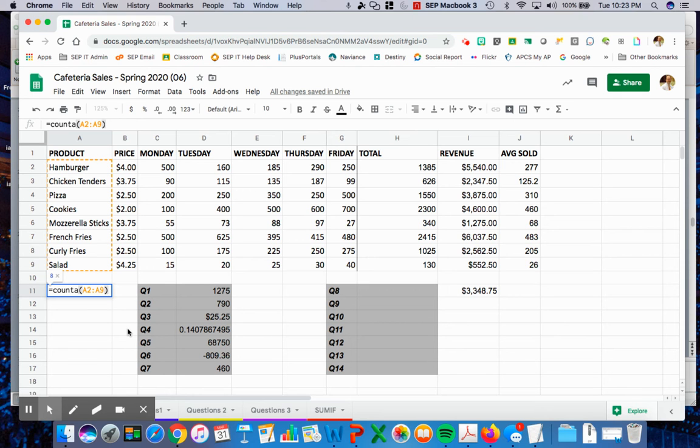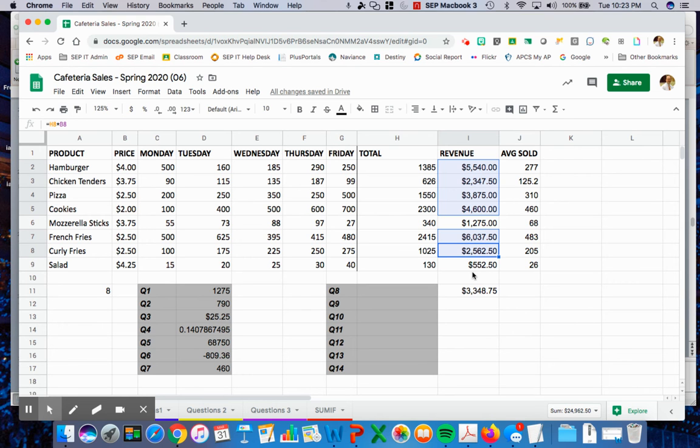This is counting, but I only want to count revenues that are more than 2,000. So if I do it just by eye, this is 1, 2, 3, 4, 5, 6. I did not count mozzarella sticks and salad because they did not generate more than $2,000 of revenue.